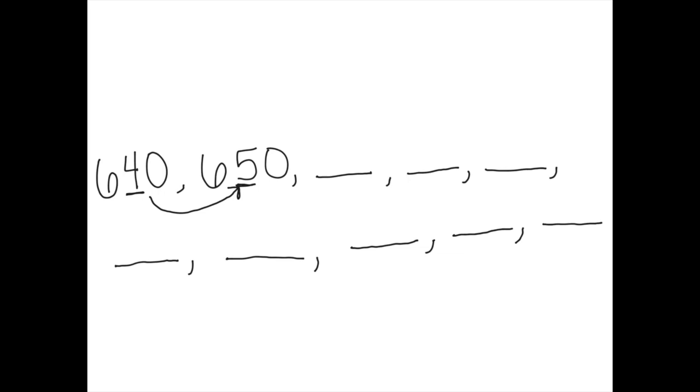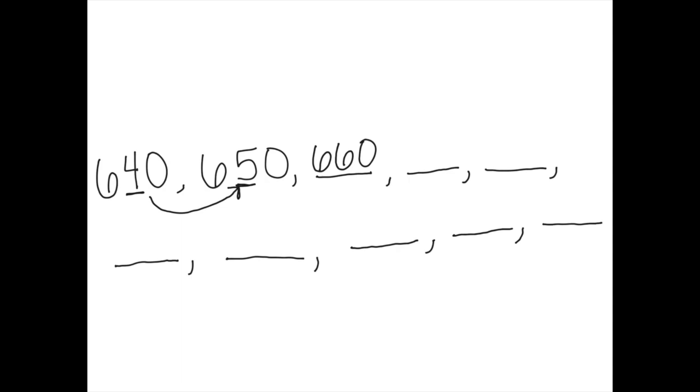So I went from 640, added 10 to get 650. Now if I add 10, well, let's think. The 600s is going to be the same, but what's going to happen to the 5 in the tens place? It's going to go up 1 more because we are adding 10. So we're going to get 660.